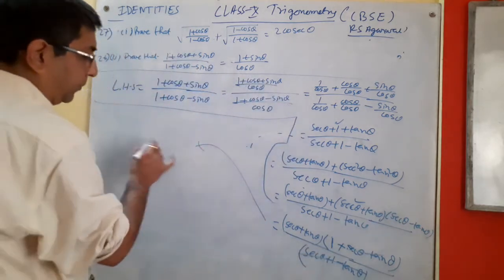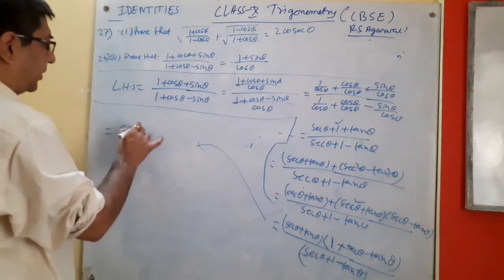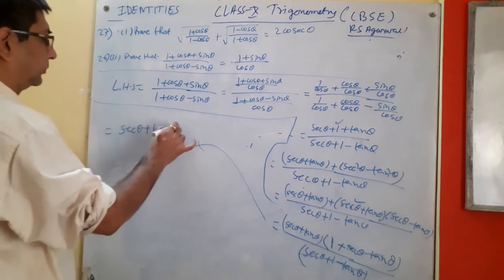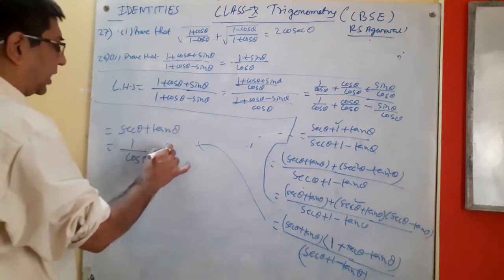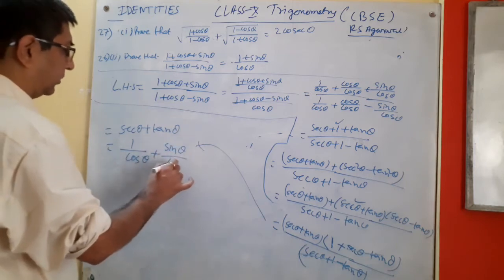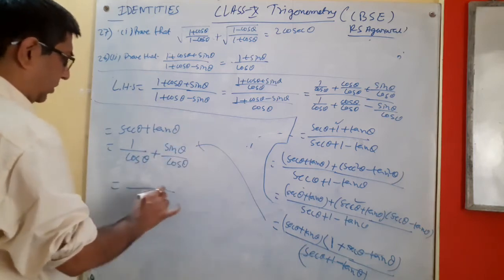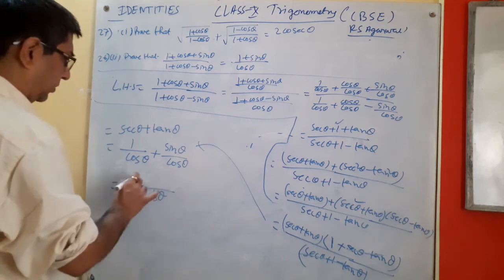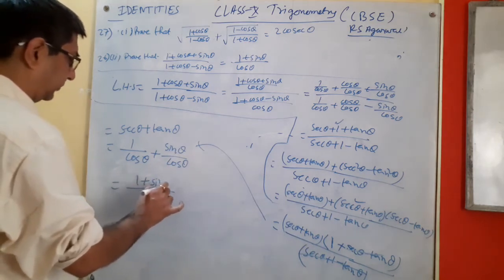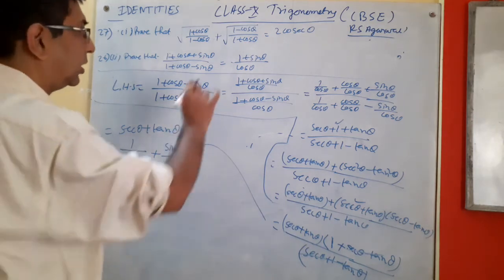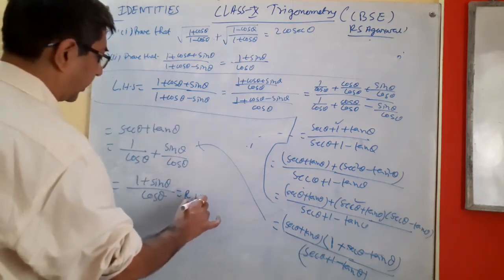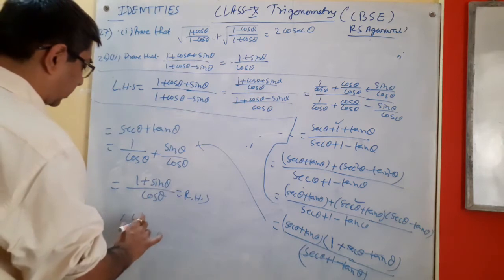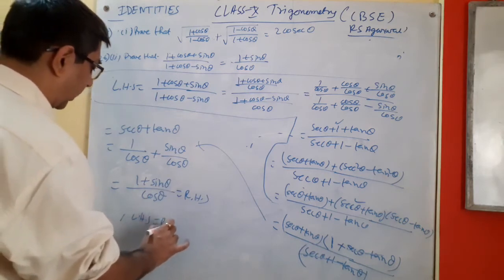So we are getting sec theta plus tan theta. Sec theta is 1 by cos theta. Tan theta is sin theta by cos theta. So 1 plus sin theta by cos theta. Right? Look, we have already got this one equal to RHS. So LHS equal to RHS proved.